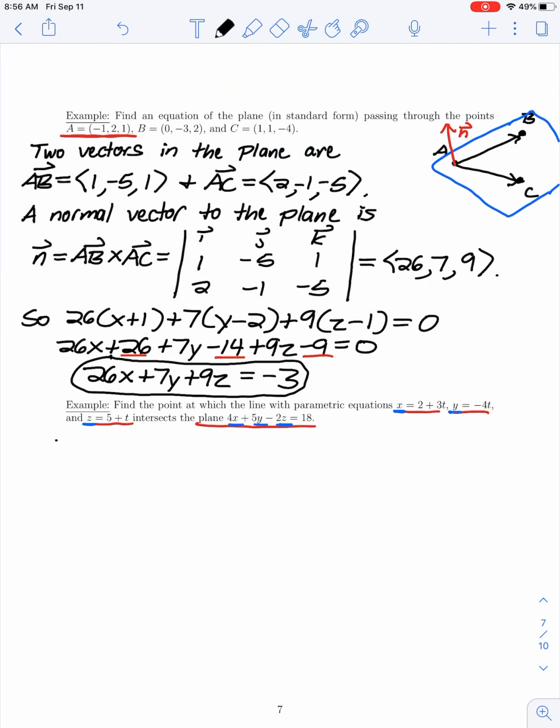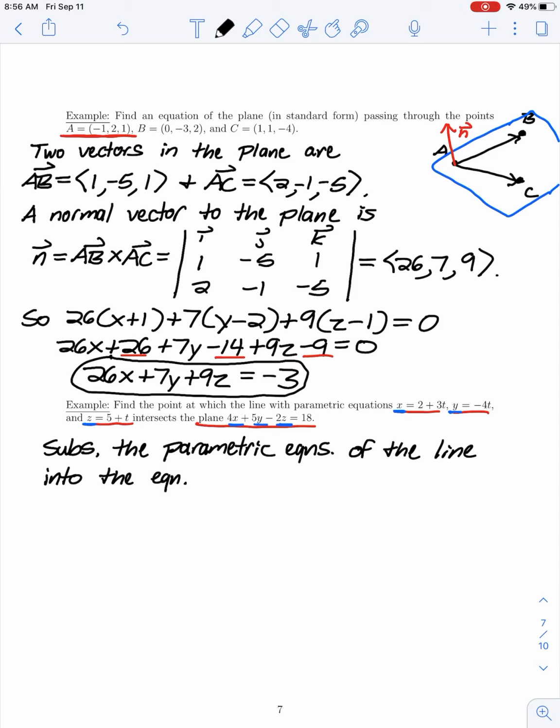So let me start by saying here we're going to substitute the parametric equations of the line into the equation of the plane. And so let's see what we have.